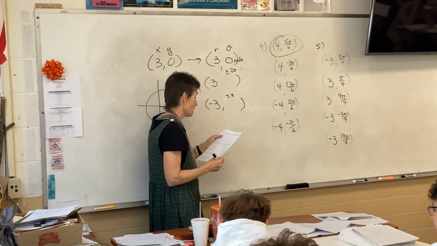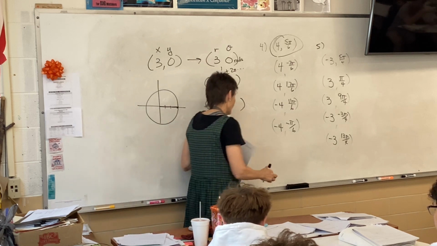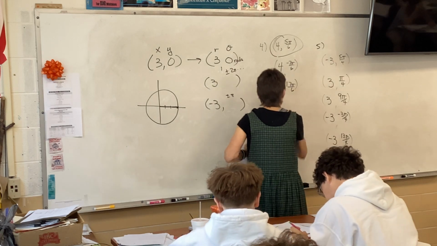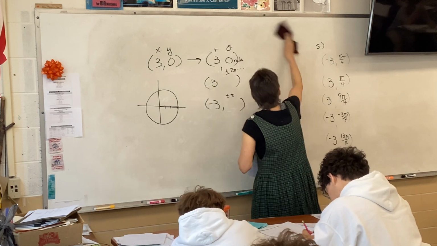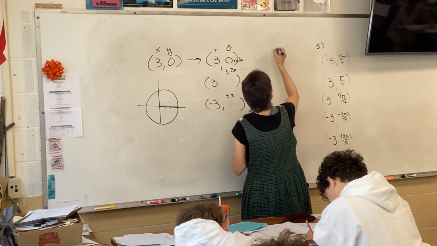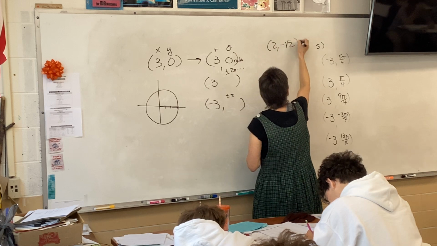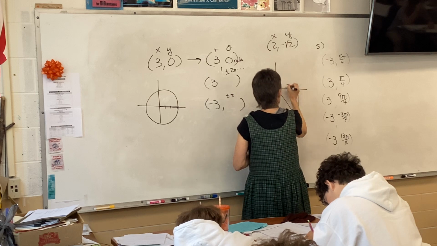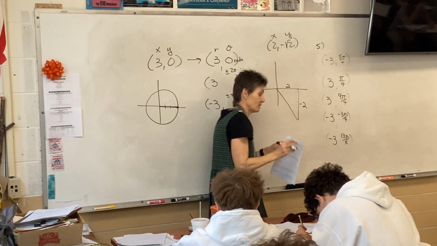17. Complex number of rectangular coordinates 2, -2. So remember, rectangular coordinates mean X, Y. So I like to draw a picture of it.